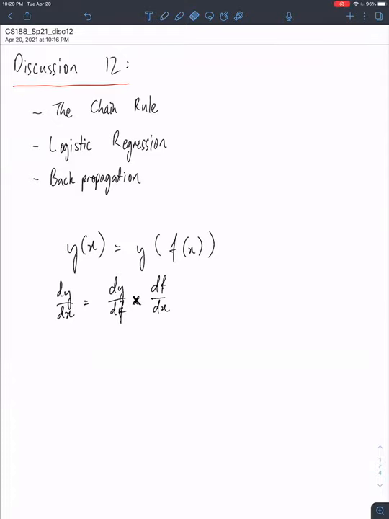I want to explicitly write down one other version of the chain rule, another situation in which you could use it.